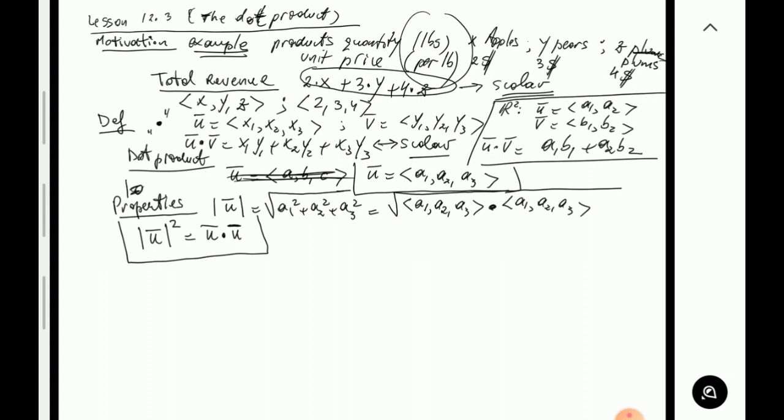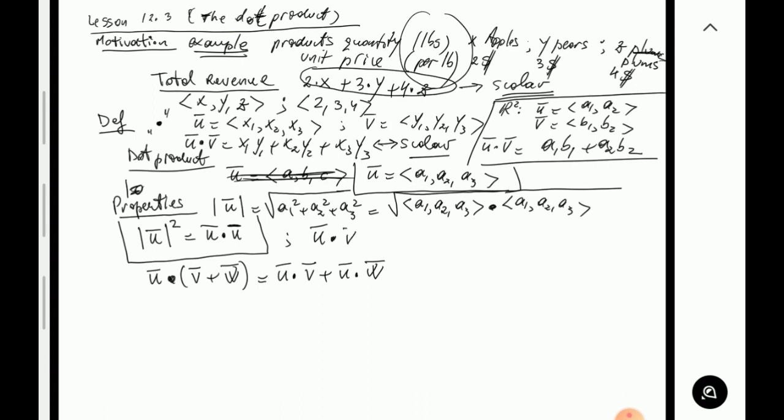As expected, the dot product inherits many properties of the regular product, including distributivity. For example, if you have three vectors, the dot product distributes over the summation of two vectors, the vector summation. Also, the dot product is commutative.